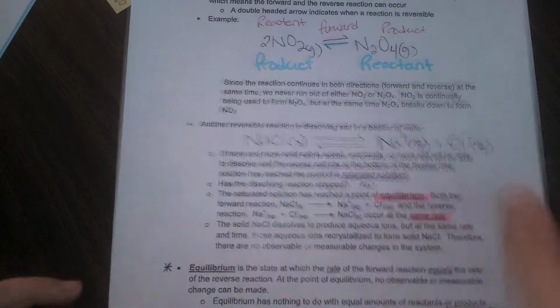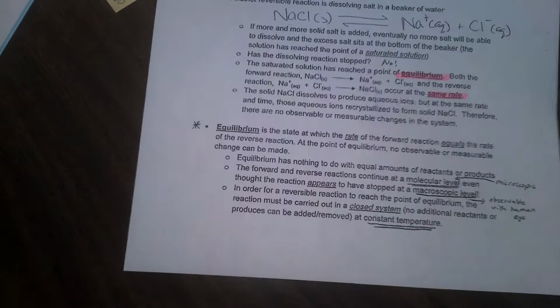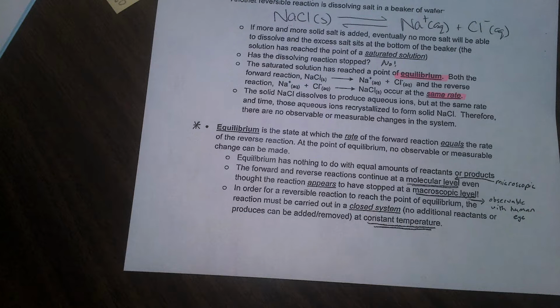So here's the big takeaway. Equilibrium is the rate of the forward reaction equaling the rate of the reverse reaction. That's like your teeter-totter. You're neither up nor down. You're horizontal perfectly.